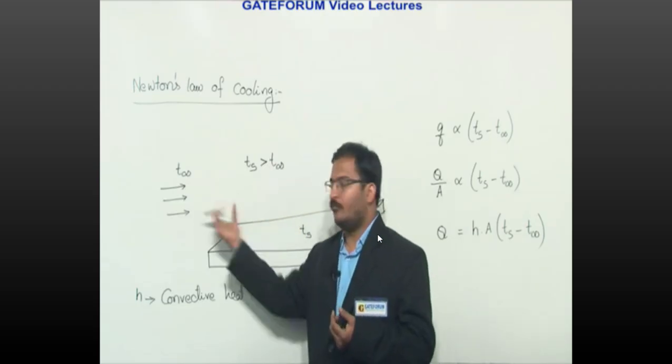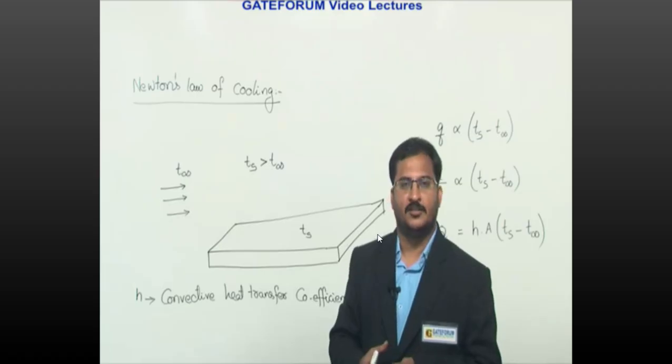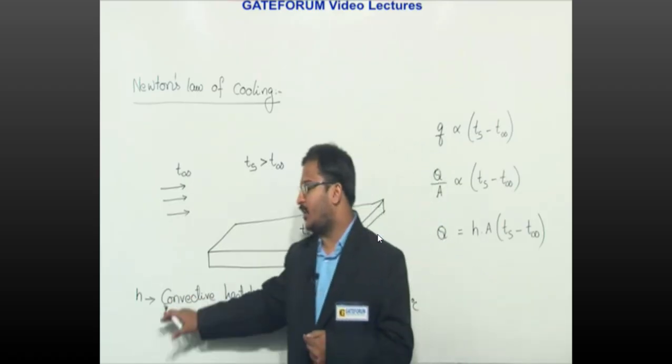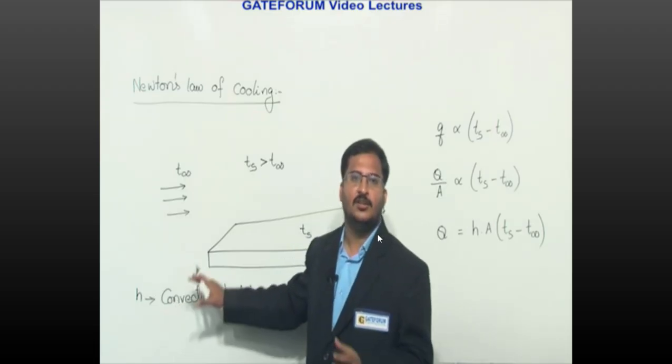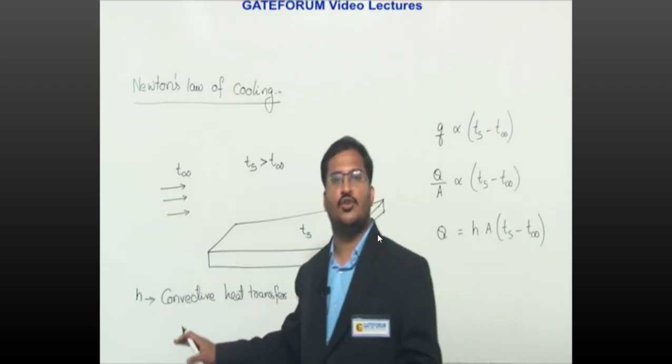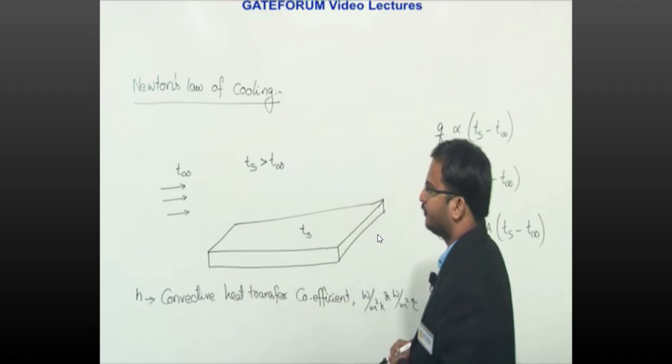So velocity as well as acceleration come under the flow parameters. So the convective heat transfer coefficient is not a material property; it depends upon all three parameters: geometric, fluid and flow parameters. You need to remember that.